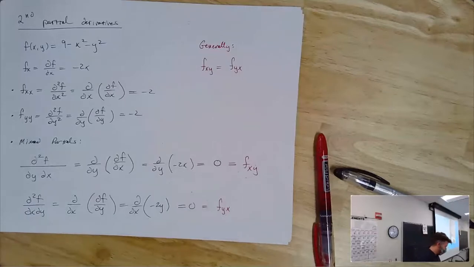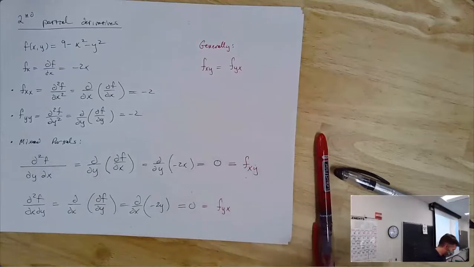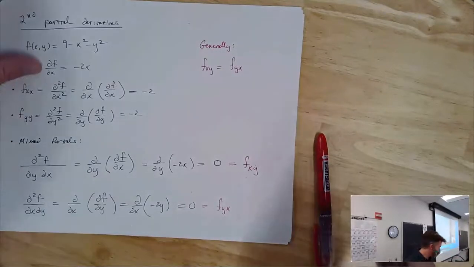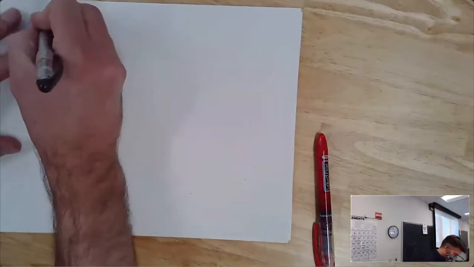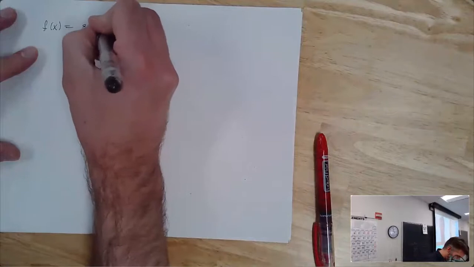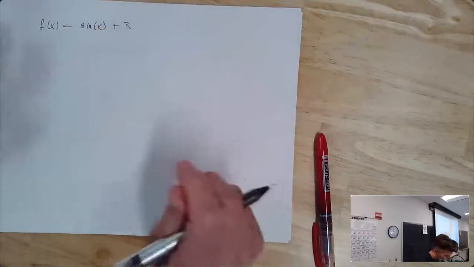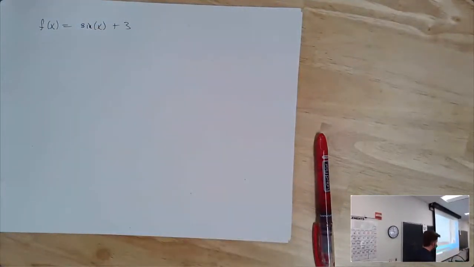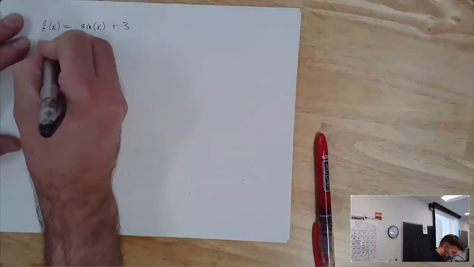All right, so let's look at some other examples. Oh, that's a good point. I should say that. I know I already kind of said this, but I want to make it really, really obvious. So f of x equals sine of x plus 3. What's the derivative?